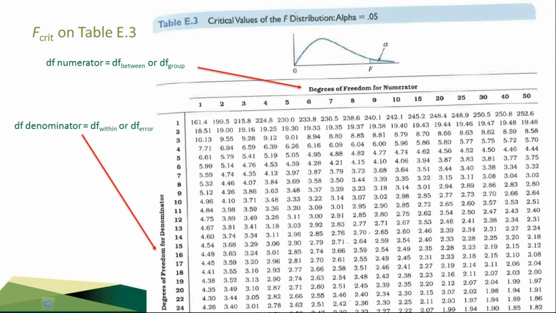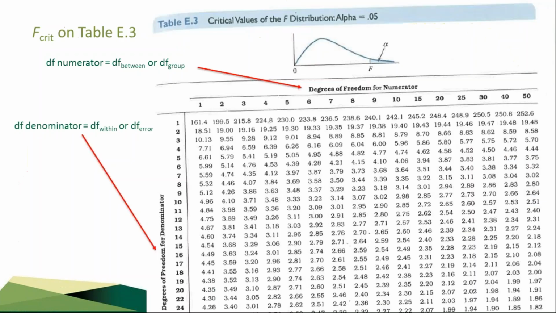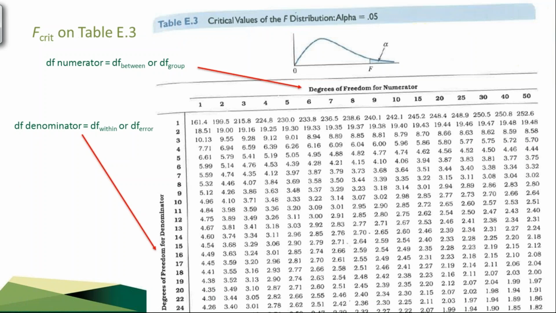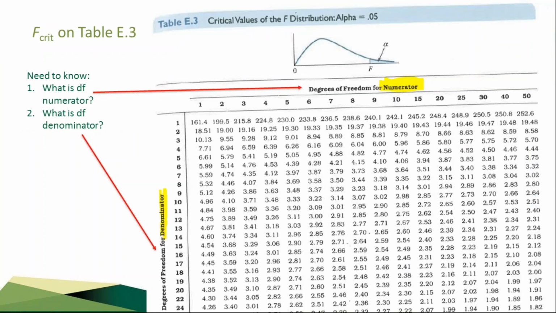The denominator is the degrees of freedom for the error variance or the within groups variance. So looking back here, that means 3 and 7, numerator and denominator. I got my calculations off there. Go by these values here, not what I have afterwards.